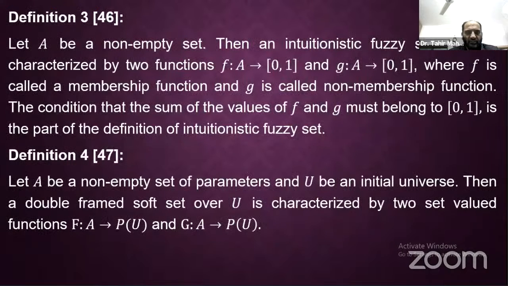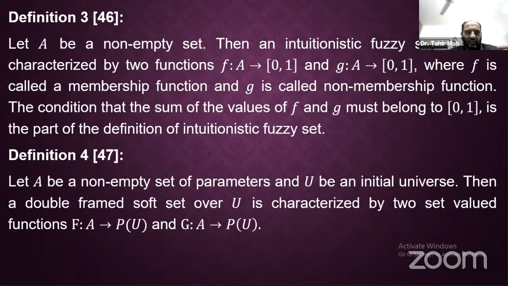Next, we have the definition of an intuitionistic fuzzy set. Let A be a non-empty set, then an intuitionistic fuzzy set in A is characterized by two functions, f from A to the unit closed interval [0, 1] and G from A to the unit closed interval [0, 1], where f is called a membership function and G is called a non-membership function.